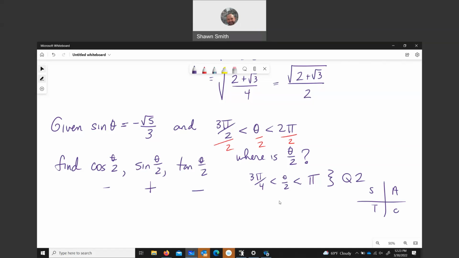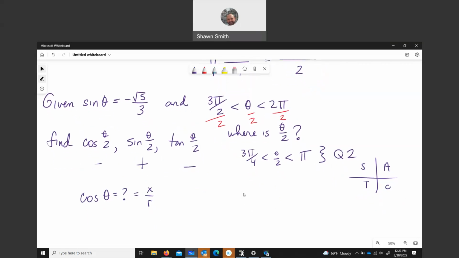All right, so I need to find the cosine of theta in order to put into the formula. Cosine is x over r. So sine is our y over r.